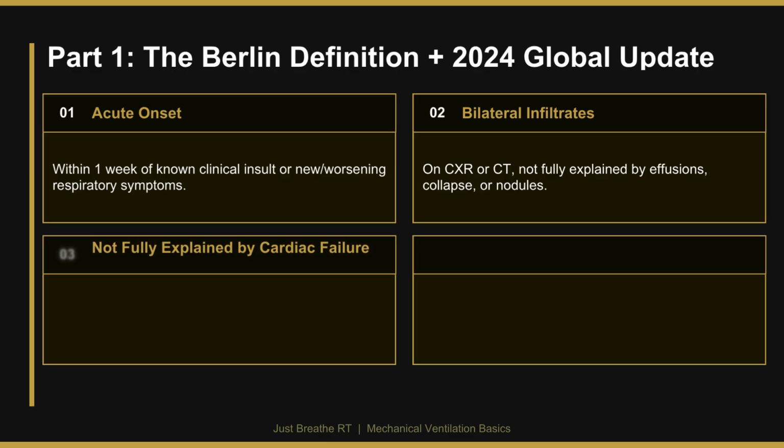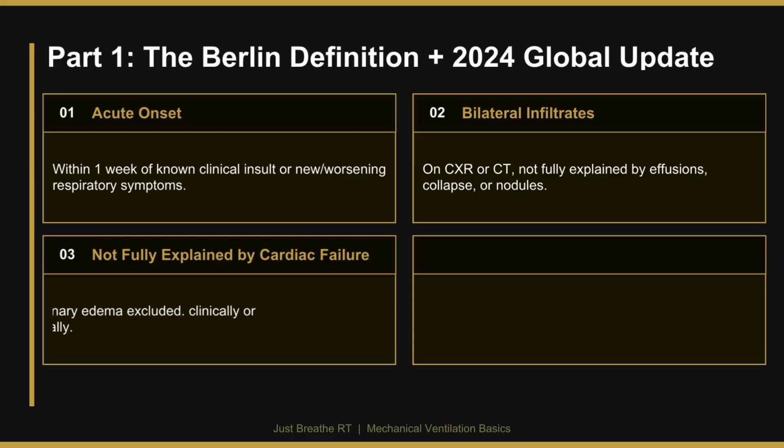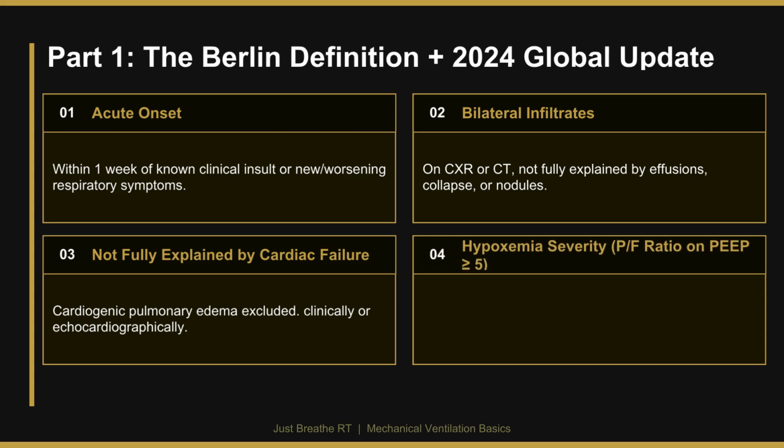3. Respiratory failure not fully explained by cardiac failure or fluid overload. Cardiogenic pulmonary edema must be excluded, clinically, echocardiographically, or with objective measurement if doubt remains. 4. Hypoxemia severity defines the category.